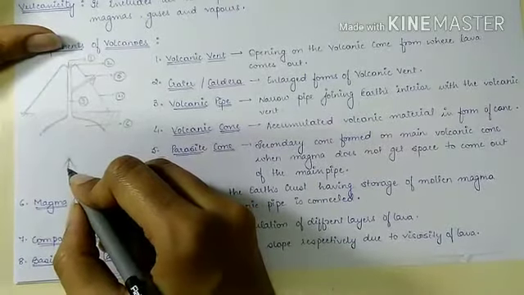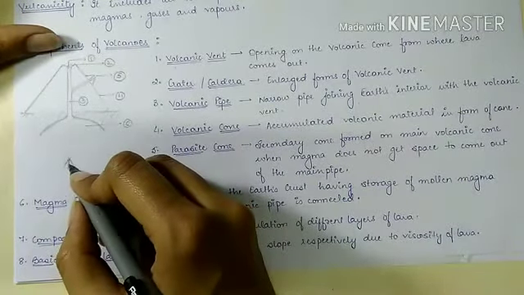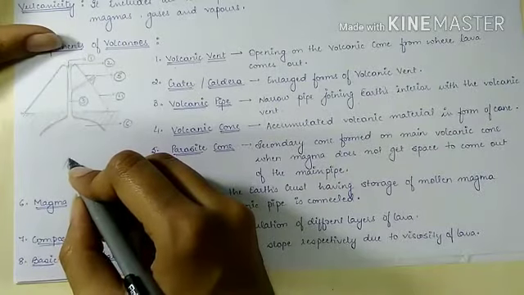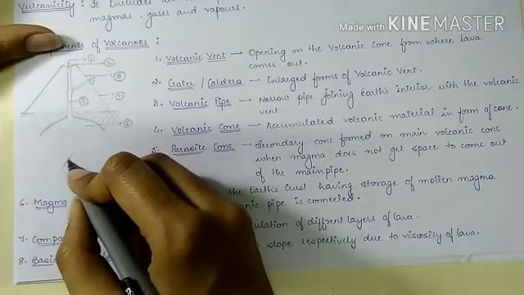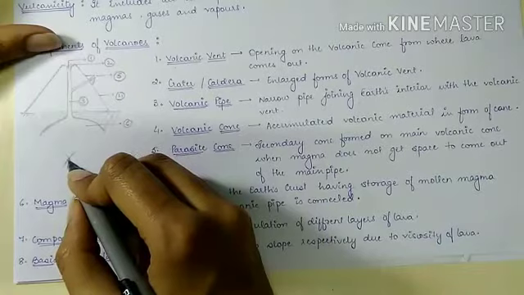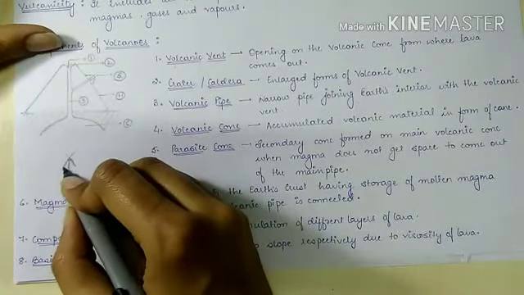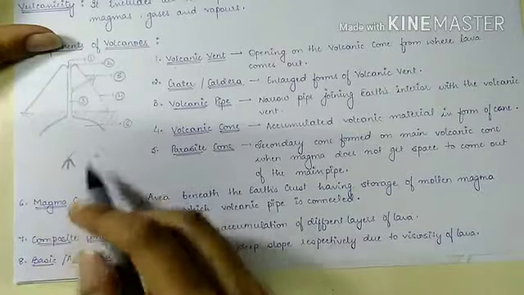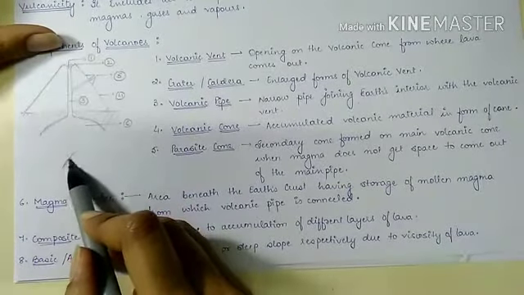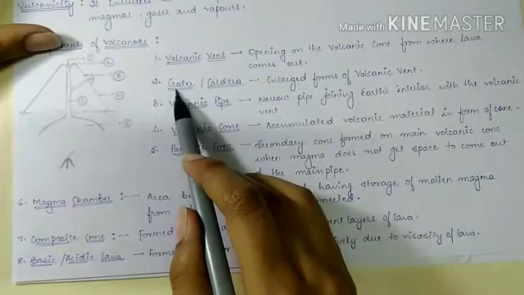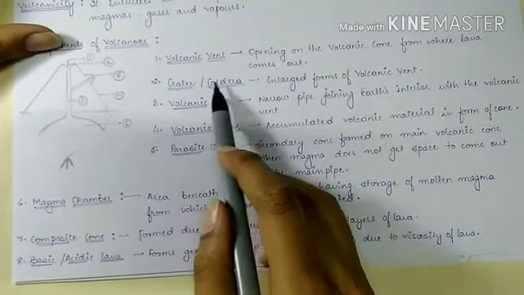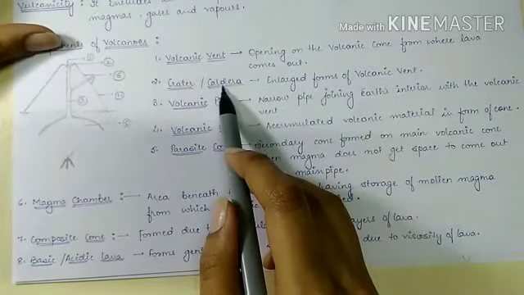So when the second time the volcano erupts, this plug will be removed, and because this plug is removed, the opening would be enlarged. This enlarged opening is known as crater, and a much more enlarged opening is known as caldera.